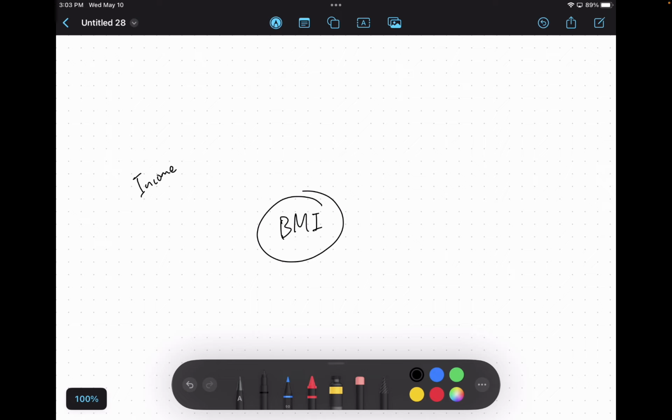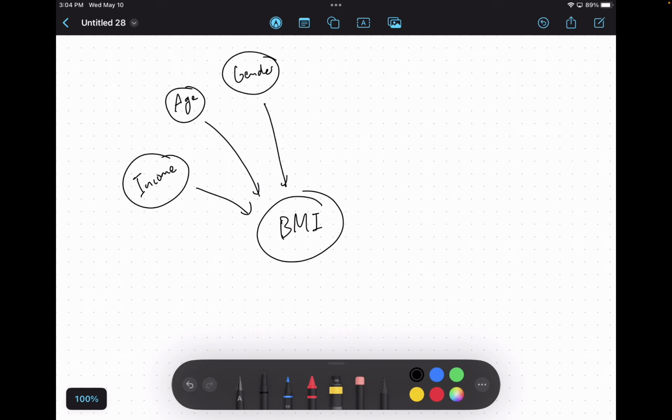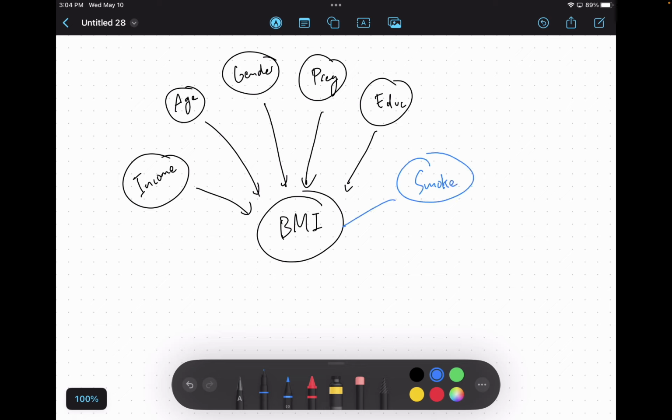And look at how this is affected via a number of demographic variables, whether or not a person is pregnant, and their level of education. And then we are interested in the causal effect of smoking on BMI.